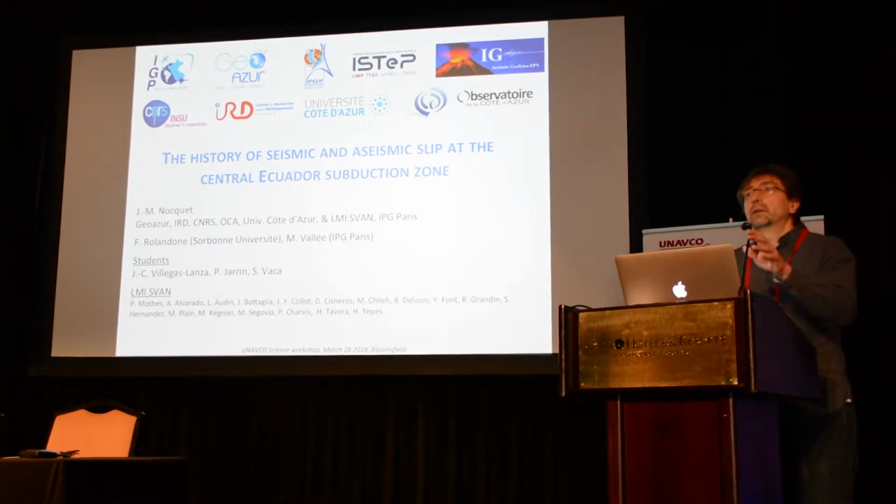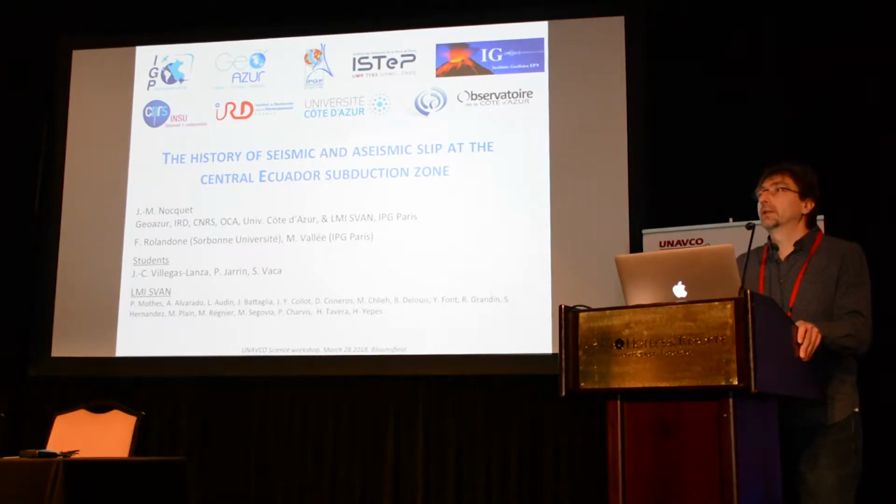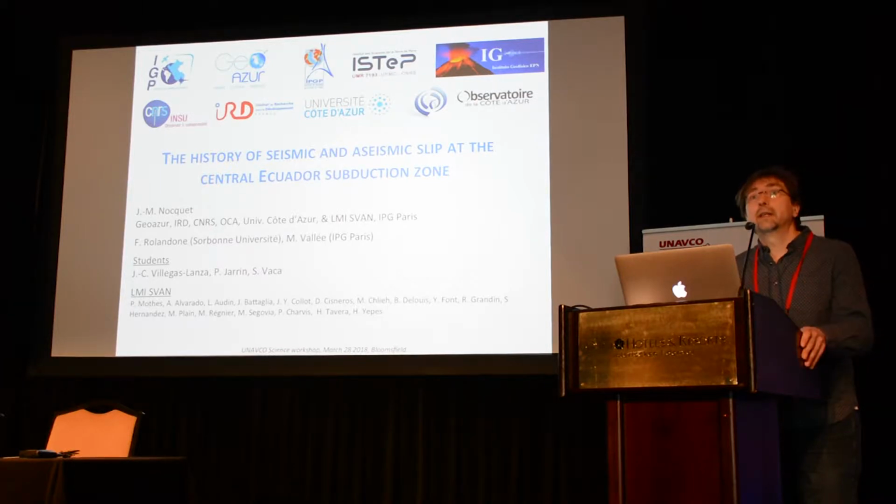So as we saw during the previous day, because of the relative motion of plates, the subduction interface needs to accommodate it through slip. Slip can occur as rapidly as an earthquake. It can occur as aseismic slip at a steady state, and as pulses of accelerated aseismic slip during slow slip events or afterslip.